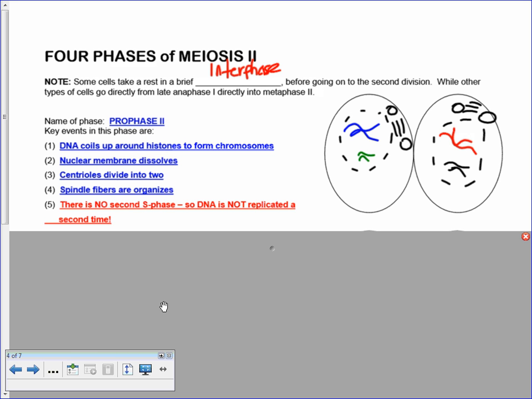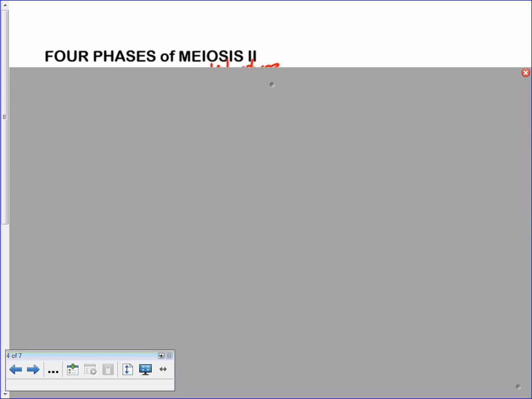So in blue here, if it's mitosis, looking over here on the whiteboard, in mitosis, there's 46 chromosomes in the beginning cell, but it goes through the S phase. So over here, there's no second S phase.